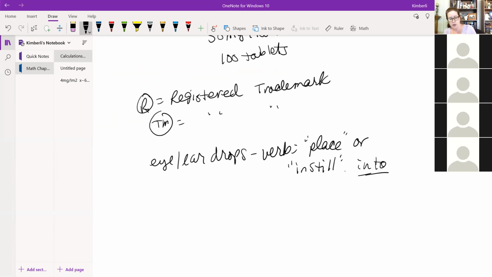Now, when we dispense an eye drop or an ear drop, on that bottle that we give the patient, or it could be on the box that the bottle comes in, because sometimes those bottles are super tiny, we're going to also put auxiliary labels. The auxiliary labels are going to say things like, do not touch dropper to eye. Because if they touch the dropper to the eye and they have an eye infection, then they're infecting the whole bottle of solution with whatever's in their eye.